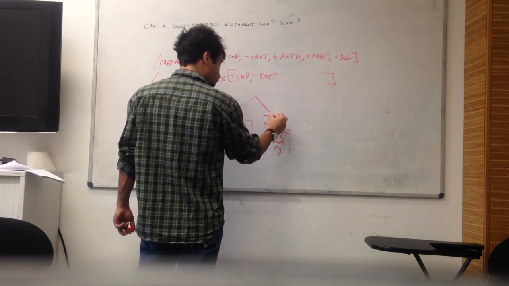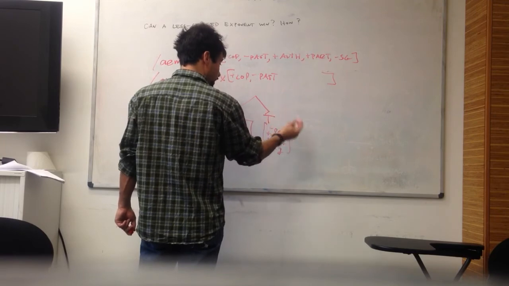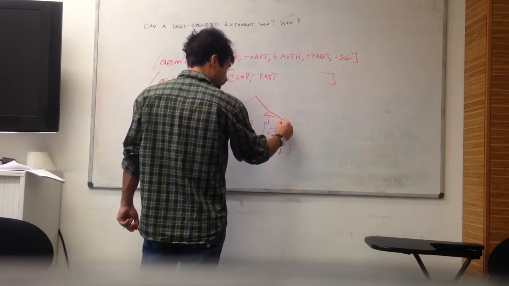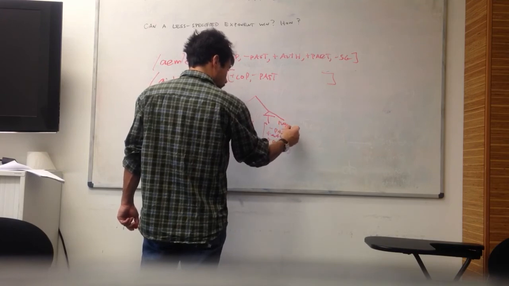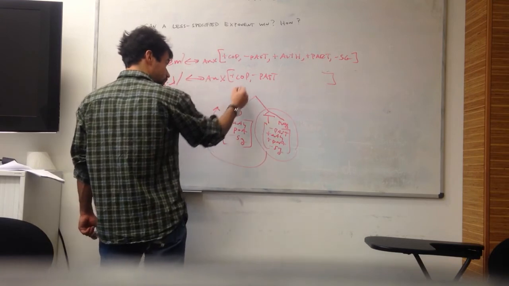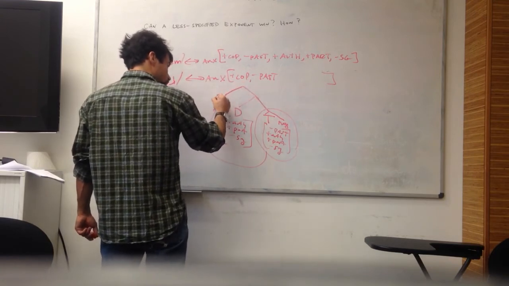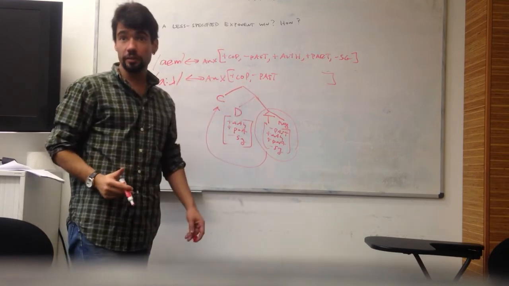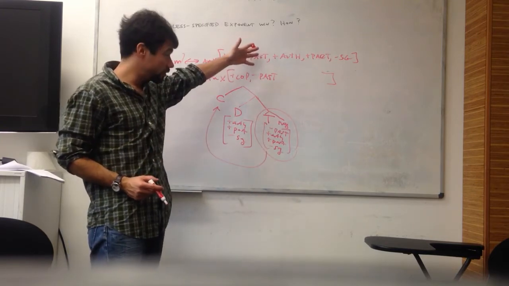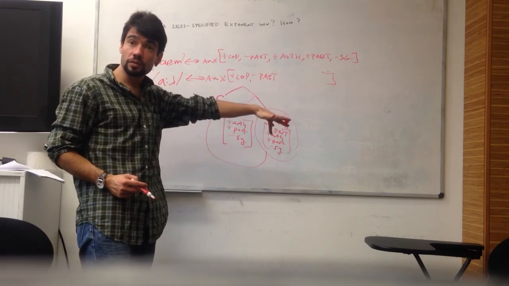Then that tense node, together with negation, moves to C. And now, when it's time to spell those out, we should look at our exponent list and put in am't.